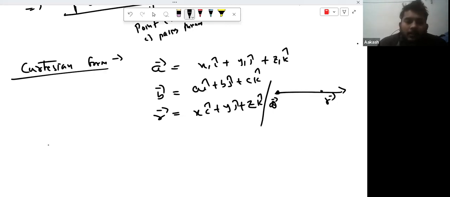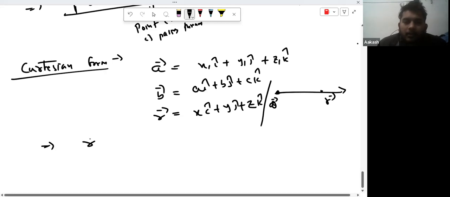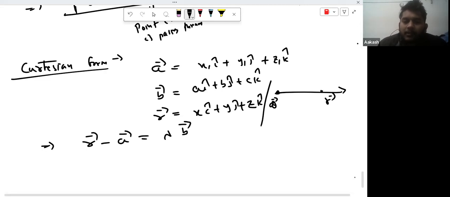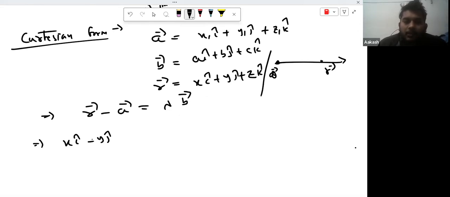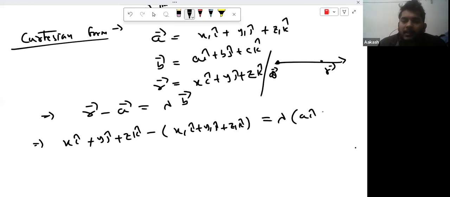Okay, the equation we got is r vector minus a vector should be equal to lambda times b vector. So let's just put the values here. R vector is x i cap plus y j cap plus z k cap minus a vector, which is x1 i cap plus y1 j cap plus z1 k cap, and this should be equal to lambda times b vector, which is a i cap plus b j cap plus c k cap.